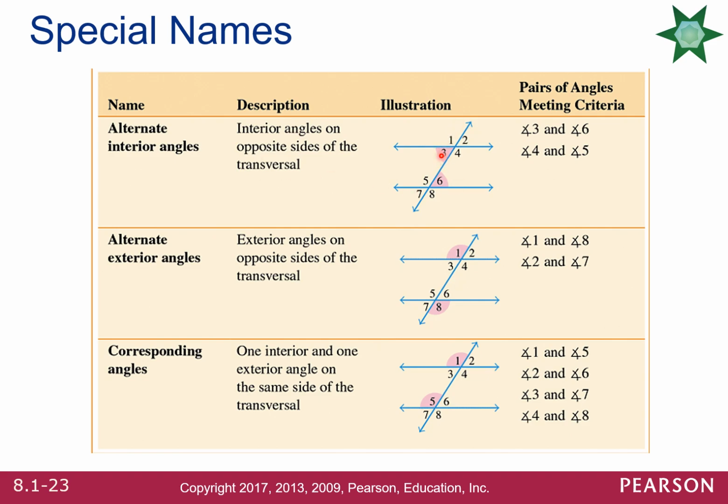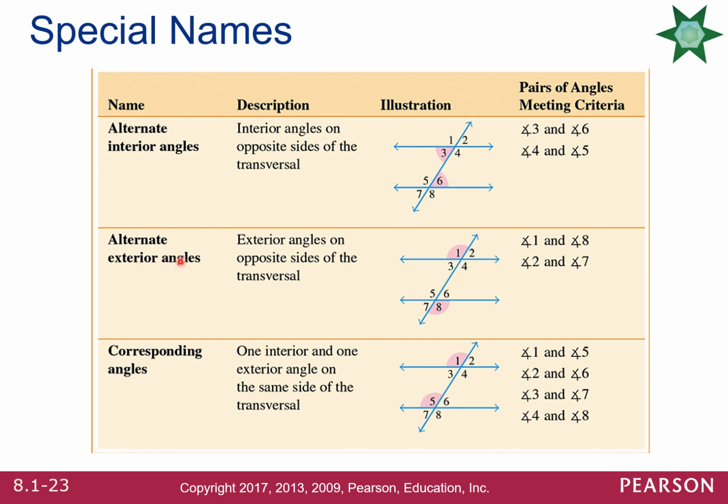So 3 and 6, 4 and 5 are angles inside the two parallel lines, and the angles are on either side of the transversal. That's what makes them alternate interior angles.